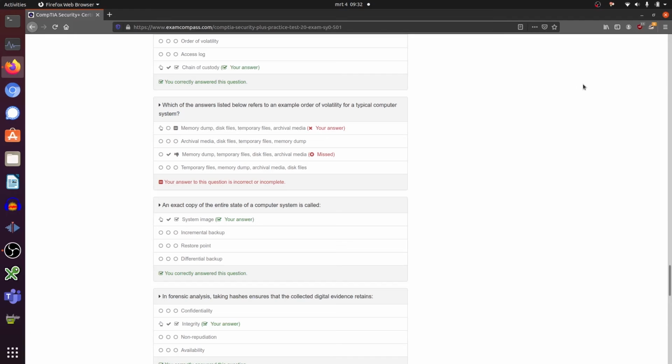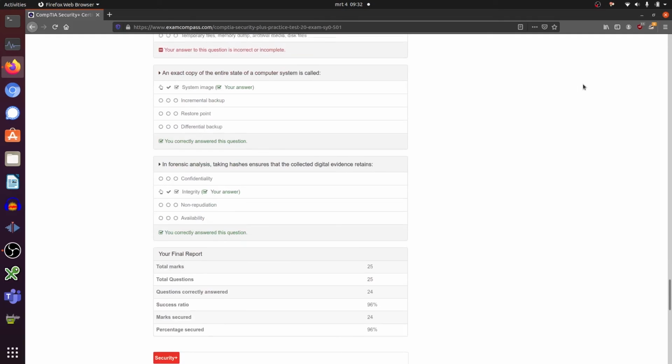Temporary files: certain applications like a browser have temporary files in use to function. Then they have disk files, which are really stored on the hard drive, and archival media, also stored on the hard drive. So it has to do with volatility of the data. Okay, so the sequence wasn't right. Memory dump, temporary files, disk files, and then archival media.